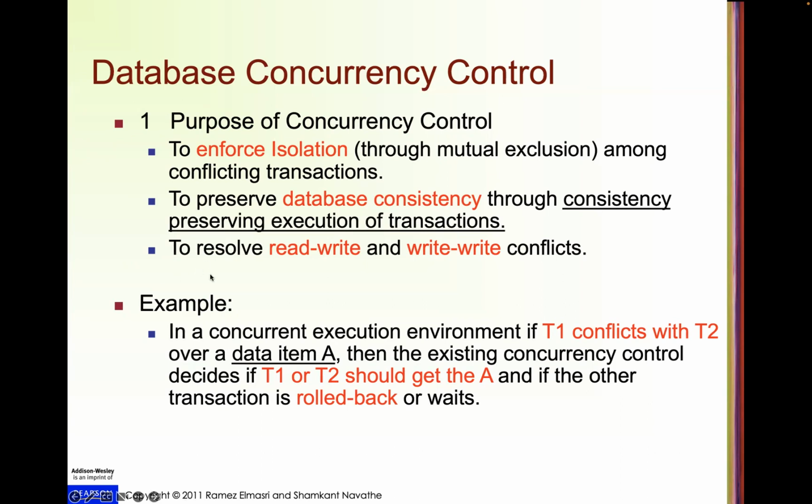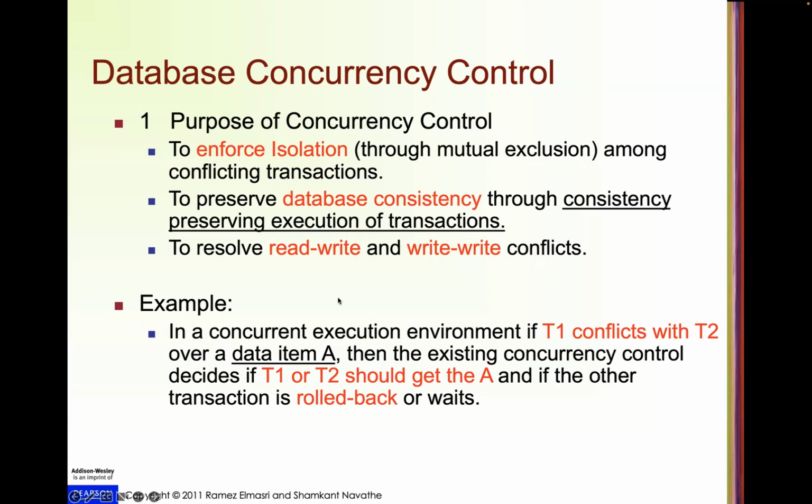The third reason why concurrency control is needed is to resolve the read-write conflict and the write-write conflict. We have seen that a transaction can have more than one action, such as a couple of reads and writes. But when two transactions work on the same data item and one is reading while another is writing, the way the transactions are executed can result in conflicts.